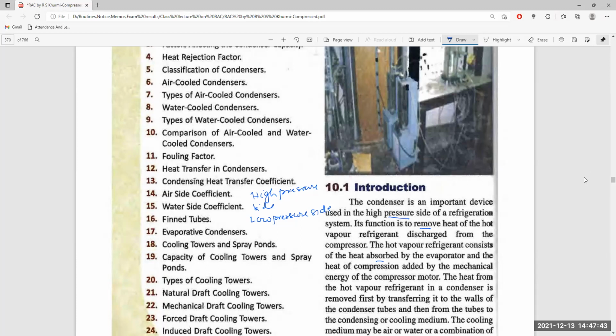The mechanical energy of the compression is converted into heat. The heat from the hot vapor refrigerant in a condenser is removed first by transferring it to the walls of the condenser tube, then from the tubes to the condenser or cooling medium.